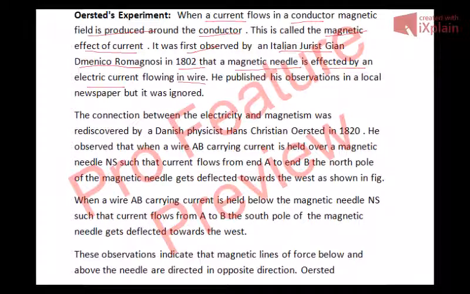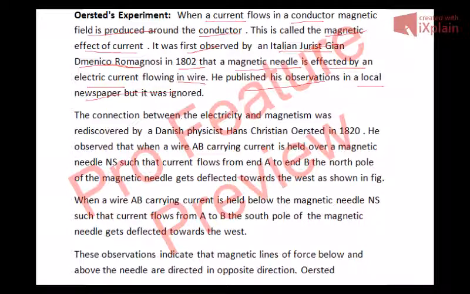He published his observations in a local newspaper, but it was ignored. Nobody gave attention towards it. They simply ignored it, and so the credit did not go to Gian Domenico Romagnosi.